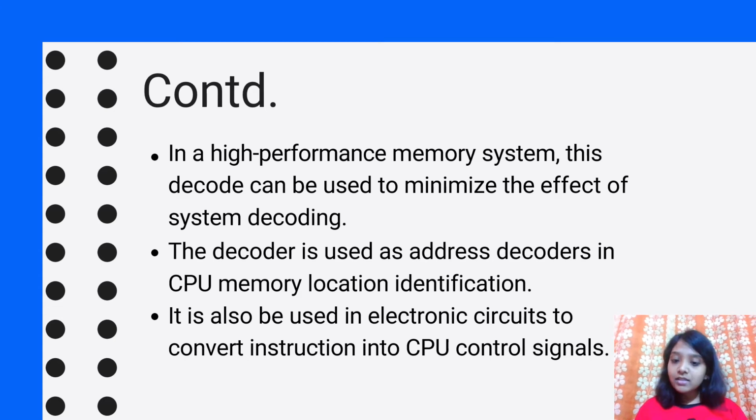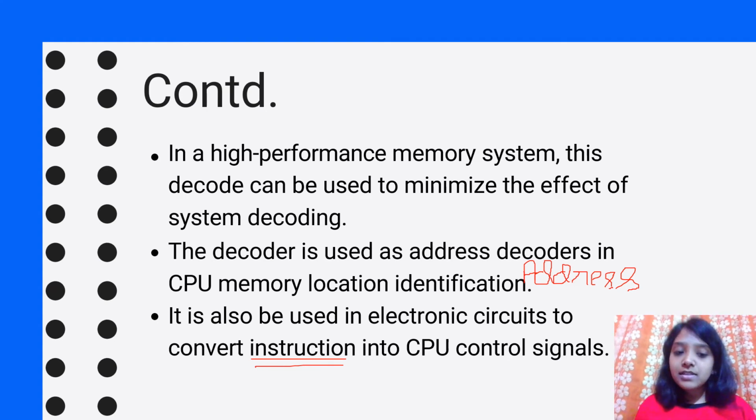Here, for the second application, address decoders are used, and for the last one we use something known as an instruction decoder. So this is the address decoder, and this is the instruction decoder.